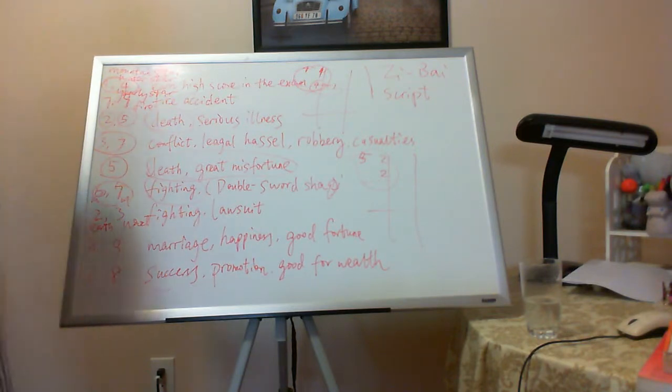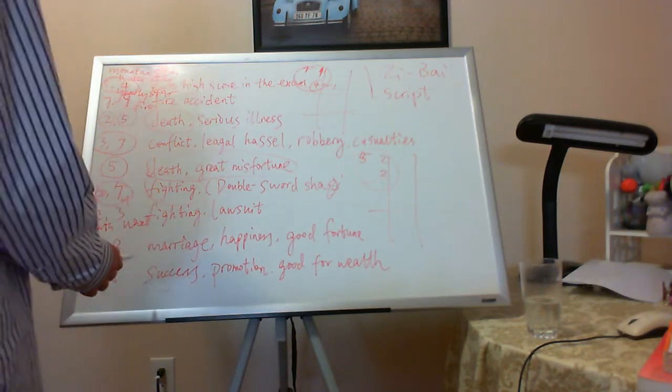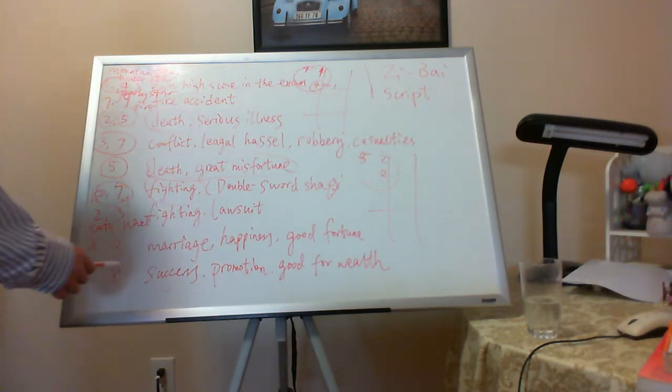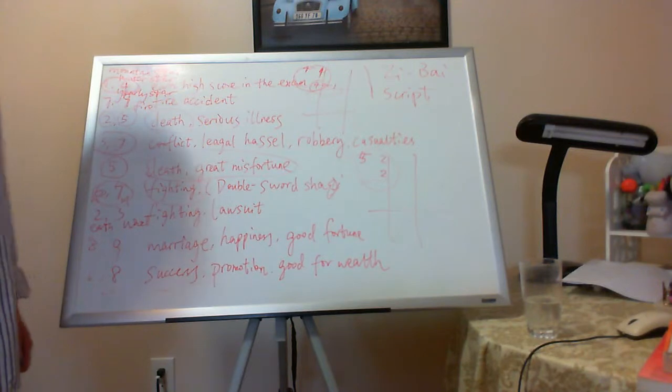8 and 9. Okay, these are good combinations now. Most of them are bad combinations, but these are good combinations. If you see 8 and 9, it usually represents marriage, happiness, and good fortune in general.